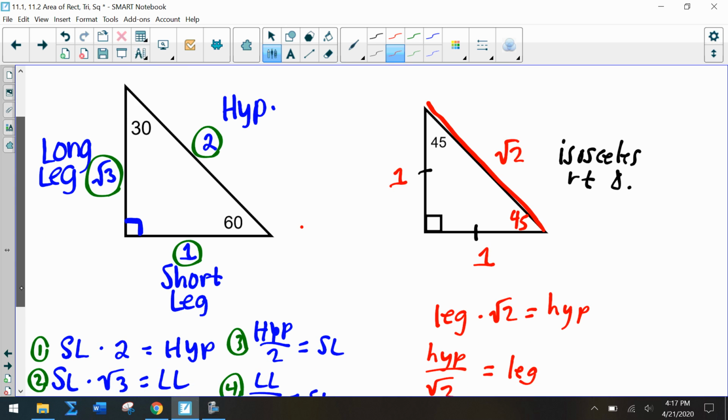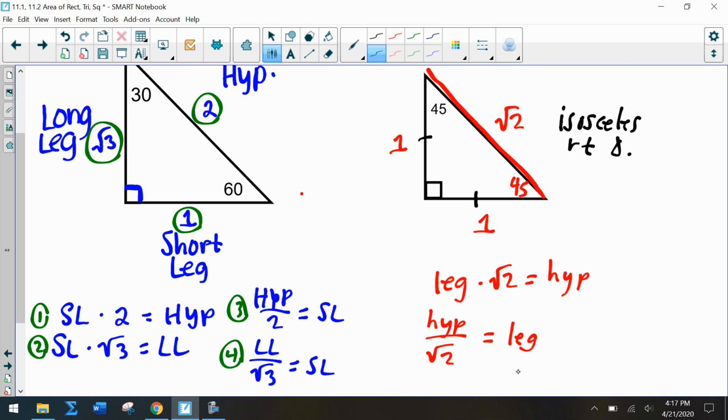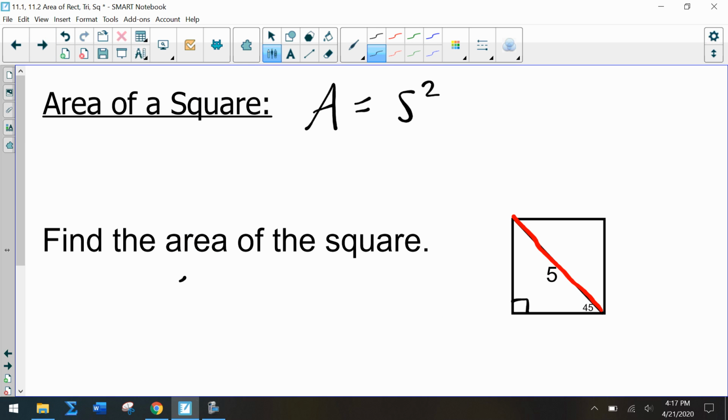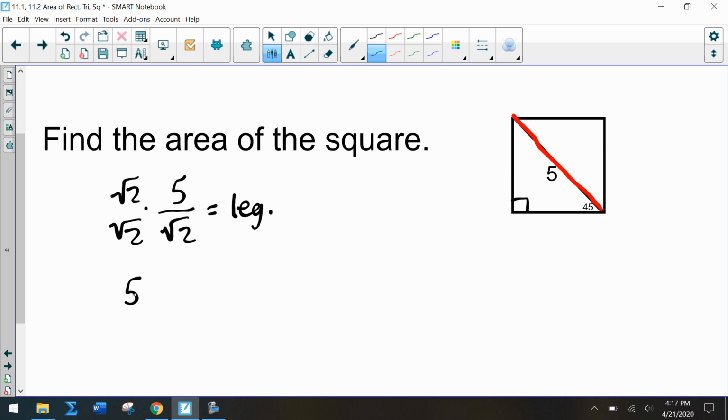And to find the length of a leg, we have to do the hypotenuse divided by √2 to give us our leg. So 5 divided by √2 should give me a leg. So in order to find out the length of that leg, we multiply by √2 over √2 and rationalize. So 5 √2 over 2 is a leg.